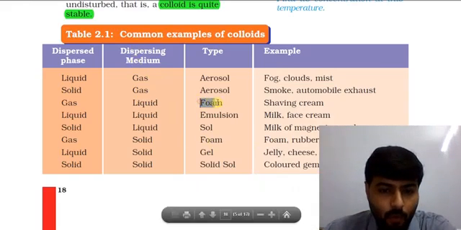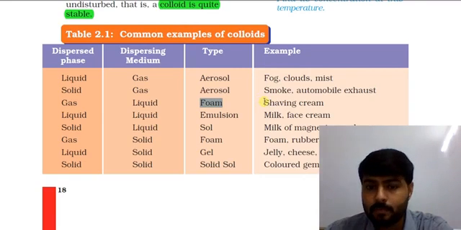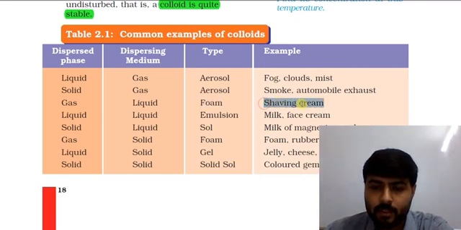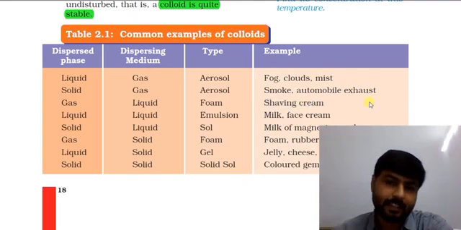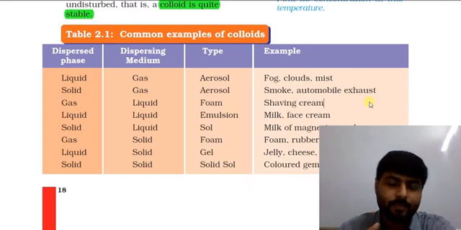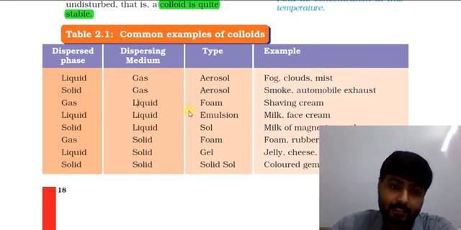Another example is foam. An example of foam is shaving cream. That foam is liquid plus gas.